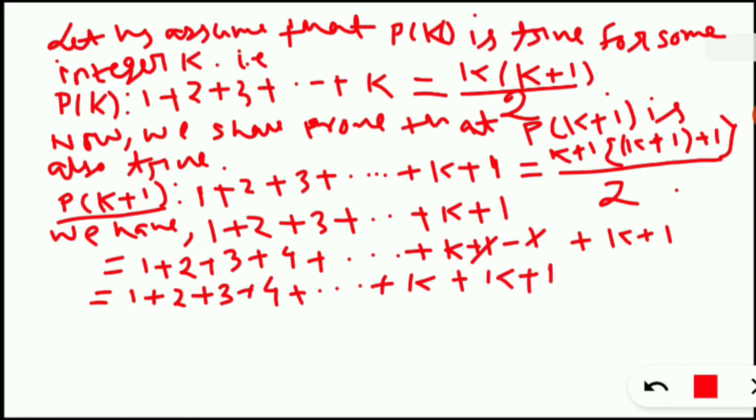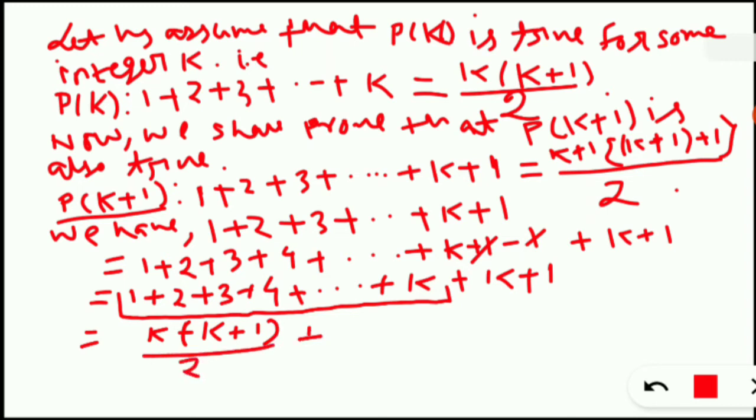Now student, we already assume that 1 plus 2 plus 3 plus dot dot dot k, result is k into k plus 1 divided by 2. That means up to 1 plus 2 plus 3 plus 4 plus dot dot dot plus k, this equal to k into k plus 1 whole divided by 2, and the remaining term is k plus 1.